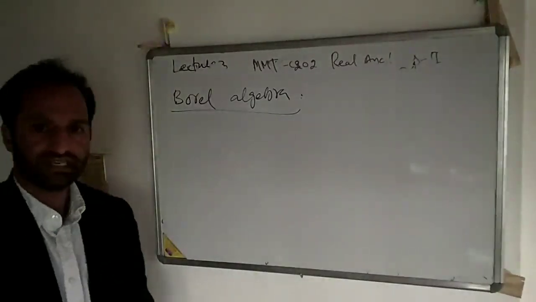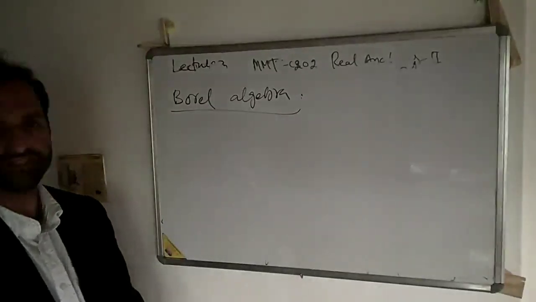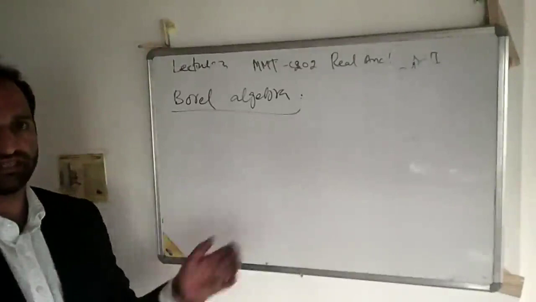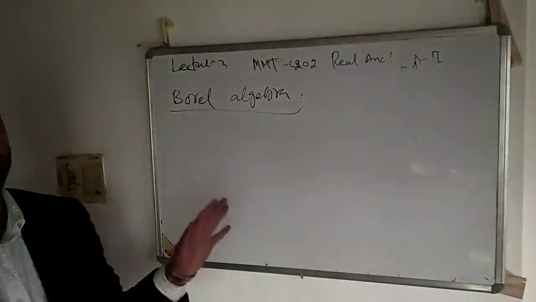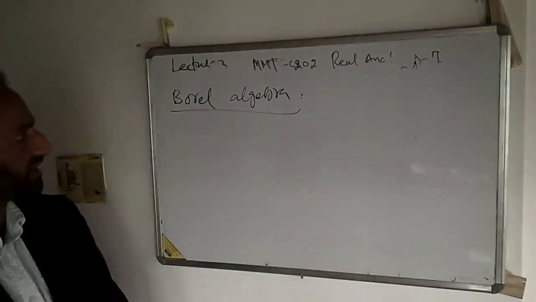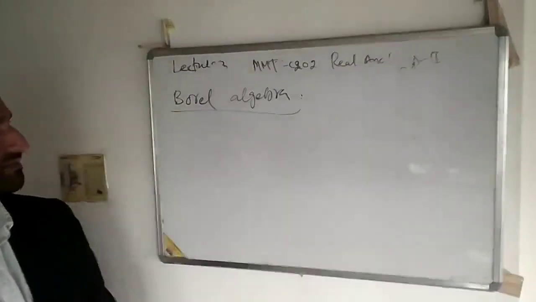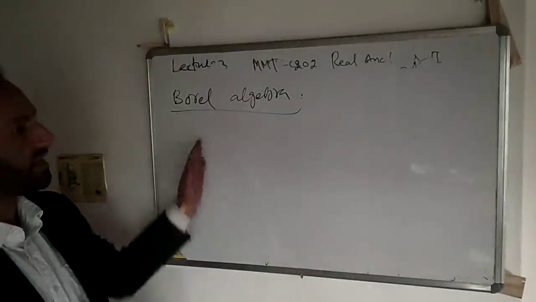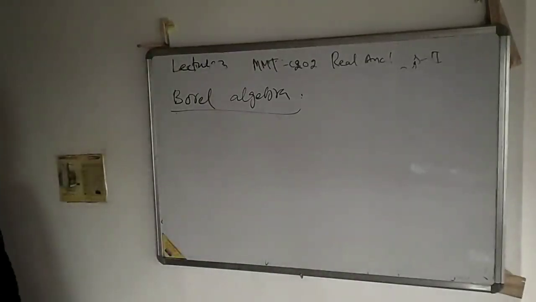Now, if in particular we take a topological space (X, tau), then tau is a class of subsets of X. So tau also generates a sigma algebra, and that sigma algebra is called the Borel algebra. Members of that sigma algebra are called Borel sets.